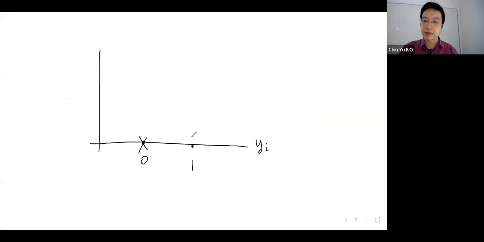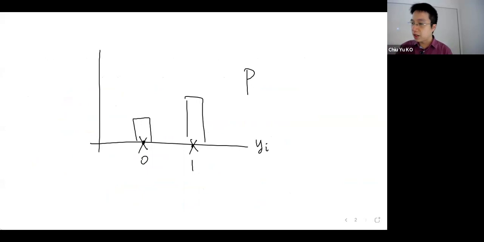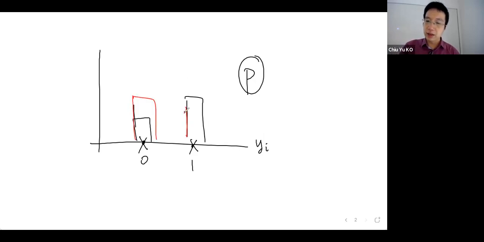Sometimes it's 0, sometimes it's 1, a bunch of 0s and 1s. Based on this, depending on P, you can calculate the likelihood. You try to change P, and change this bar graph, in a way that the likelihood, which depends on P, will be maximized. So that will be the idea.